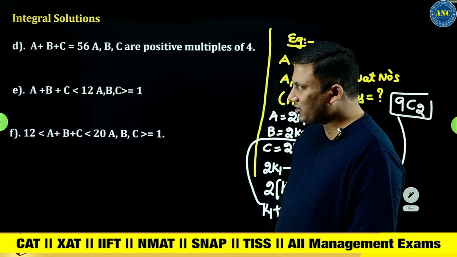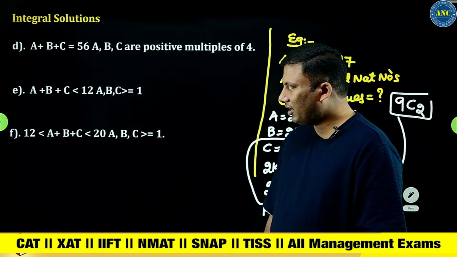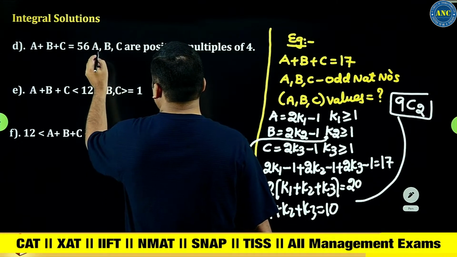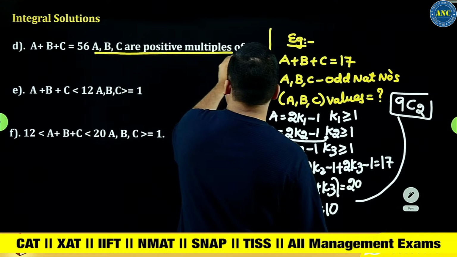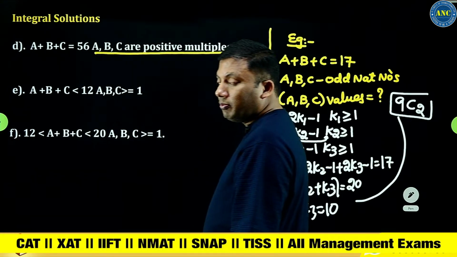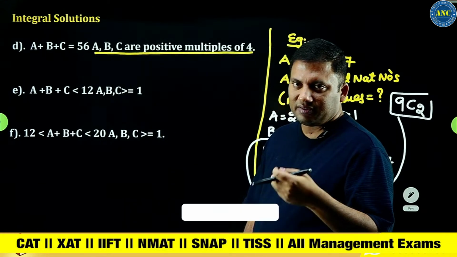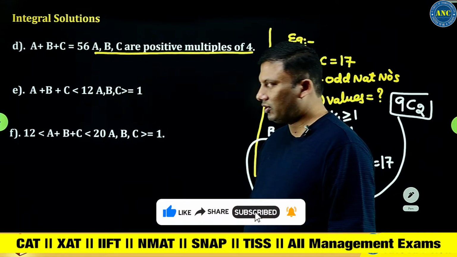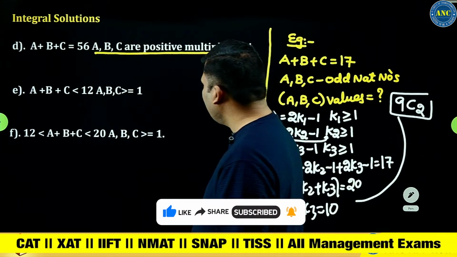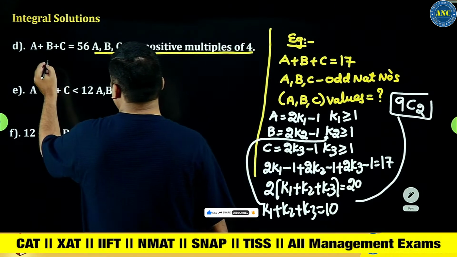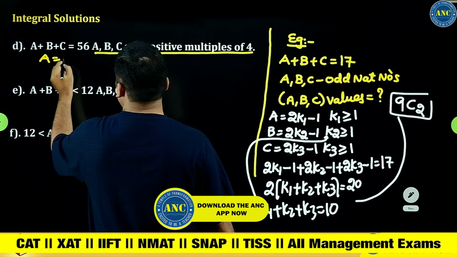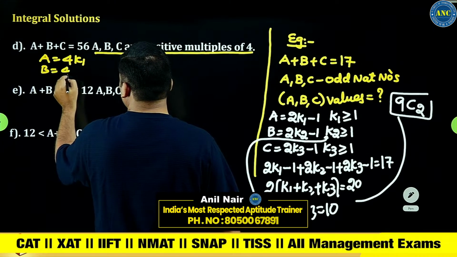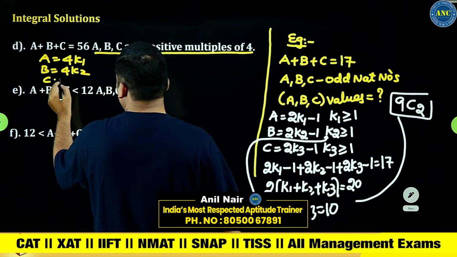Now, a few questions. D, E and F. Let us see. A + B + C = 56. A, B, C are positive multiples of 4. Positive integers means it is a natural number solution. That means A will be 4k1, B will be 4k2, C will be 4k3.